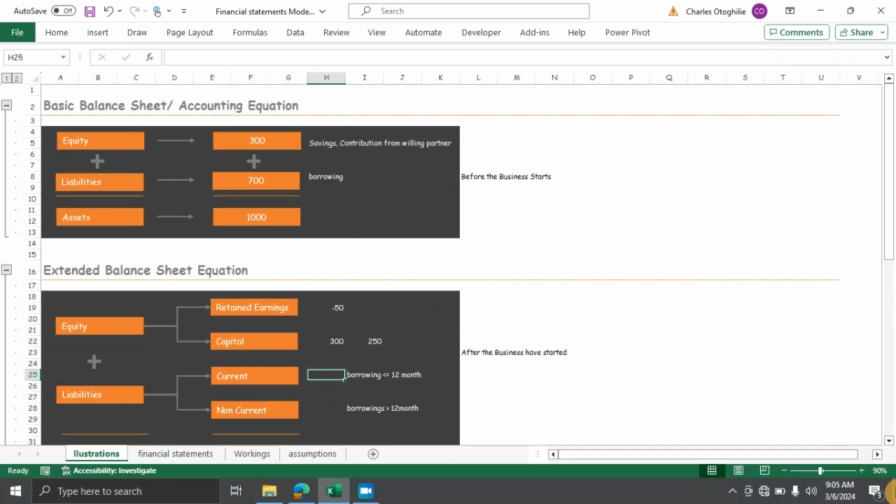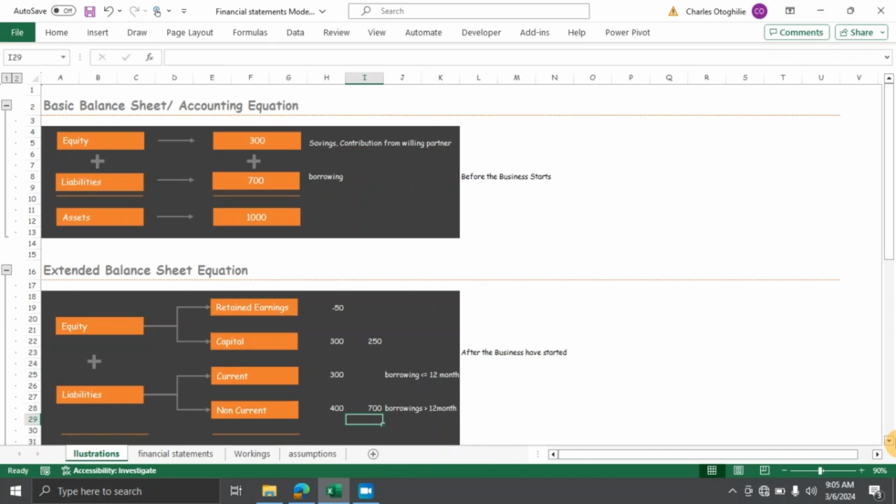So the business might think that of the 700, let us have about 300 of it here, and then let's have 400 of it here. So the sum of these two gives us our 700 that we had previously.